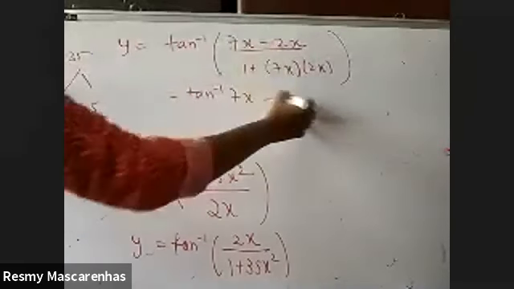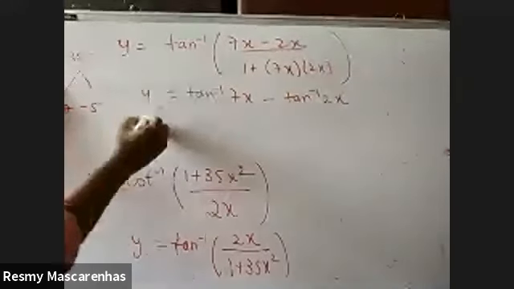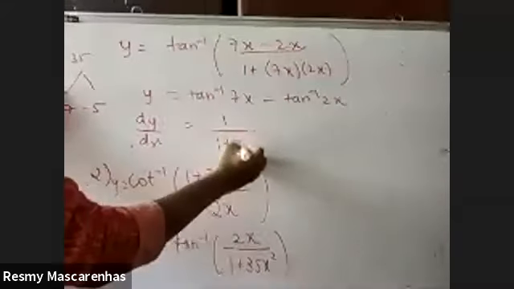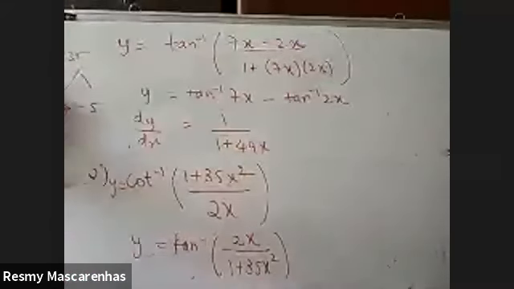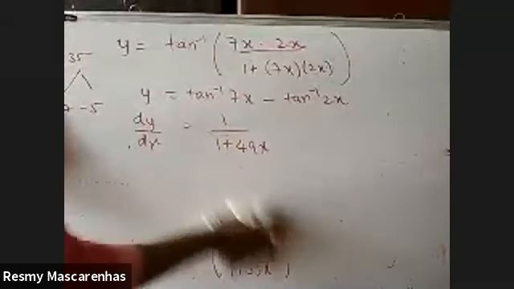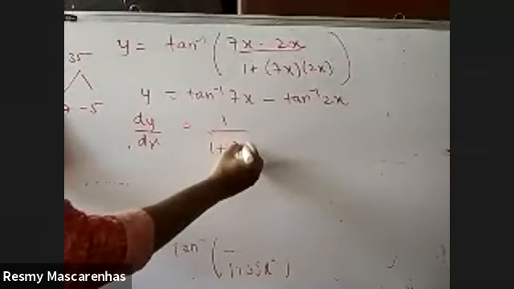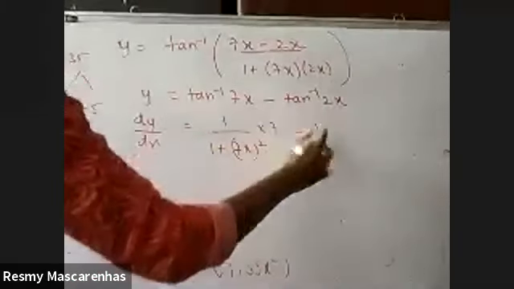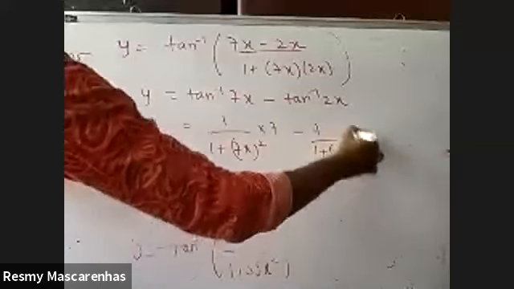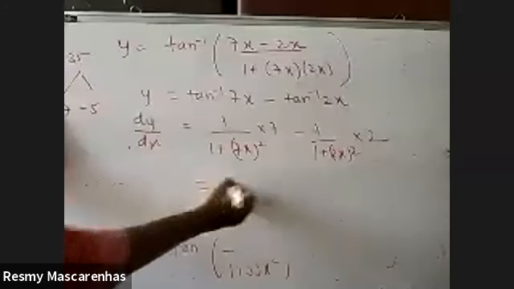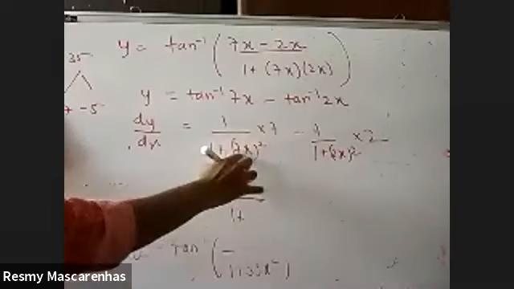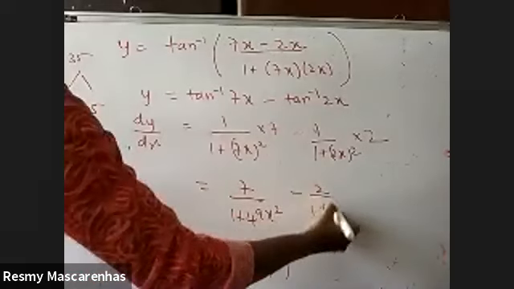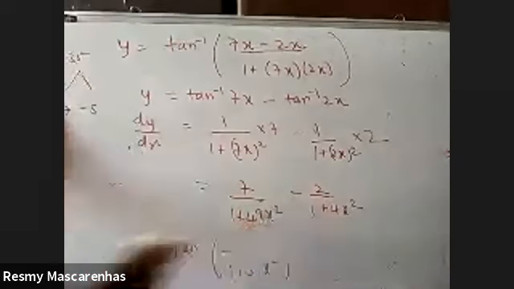Since this is minus now, when you take the derivative, it will be 1 upon 1 plus (7x) the whole square into 7, and this will be 1 upon the square into 5, and then the square will belong to both the terms. So this way.